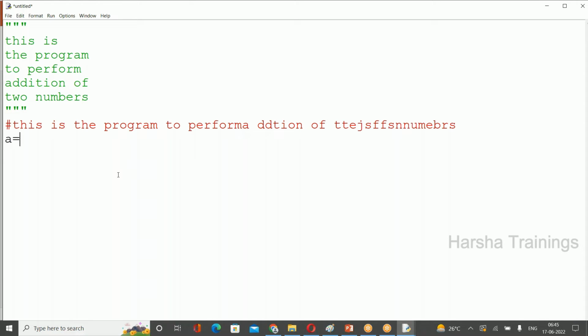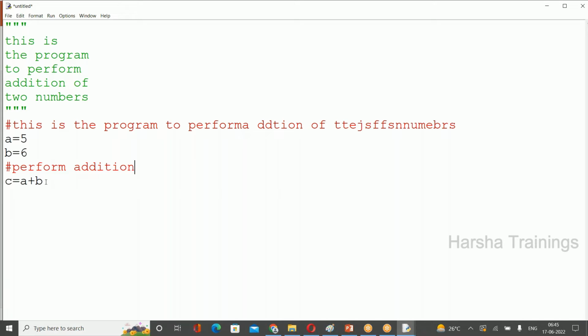Now, for example, a is equal to 5, b is equal to 6, c is equal to a plus b. Here, I am writing a comment: perform addition. Okay, what is the step? Then you can understand by seeing this.